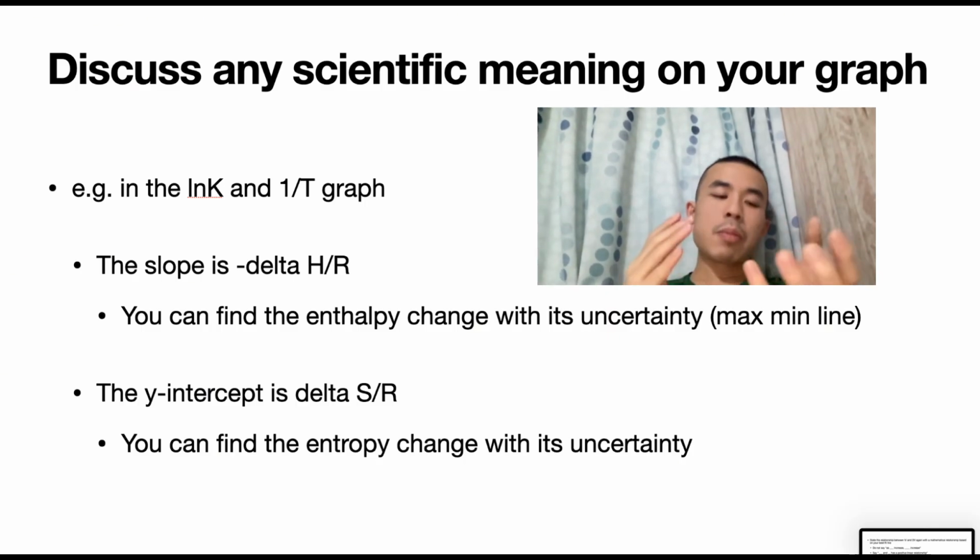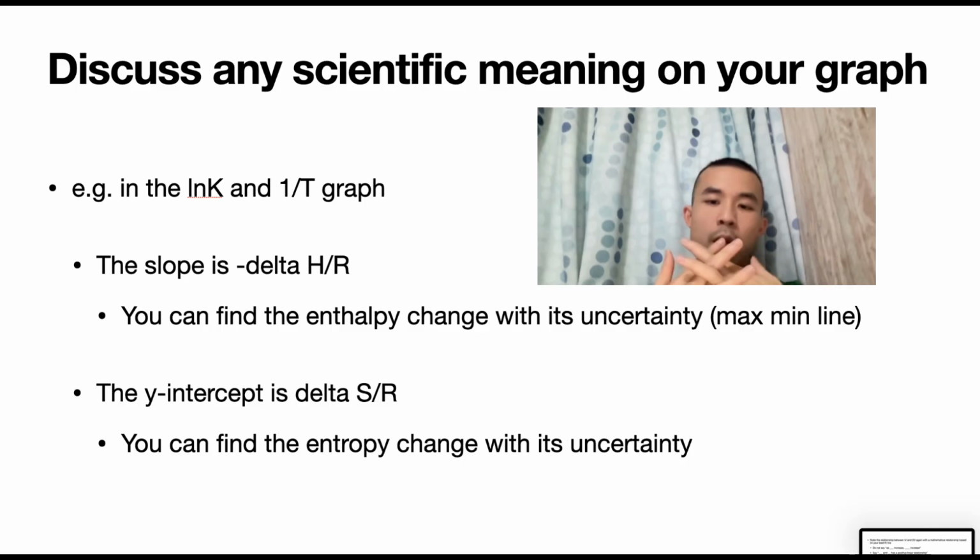That means you can find the enthalpy change of that particular reaction, including the uncertainty based on the max min line. In that case, you can calculate the enthalpy change together with its uncertainty. This gives the scientific meaning, so that's good.